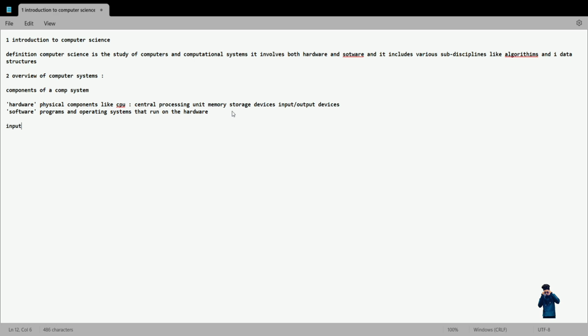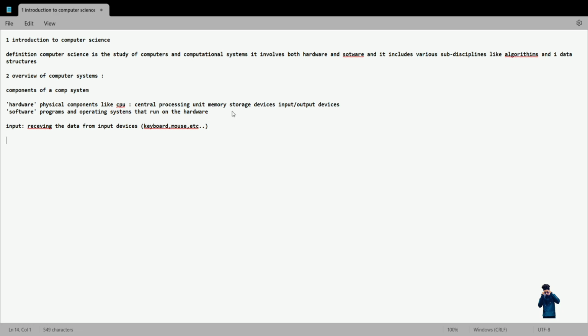by way of input. What is the meaning of input? It means receiving data from input devices like keyboard, mouse, etc. Okay.